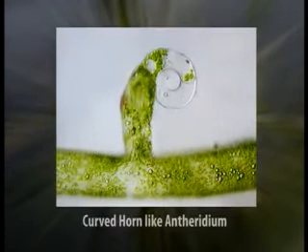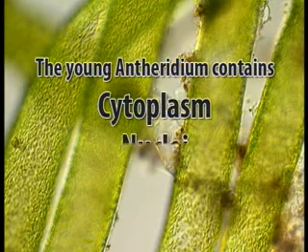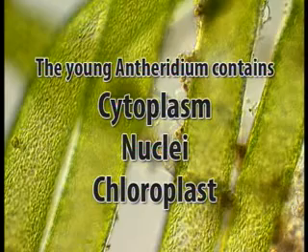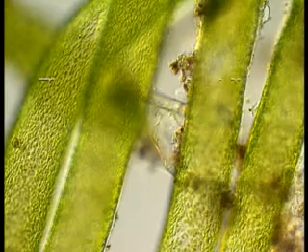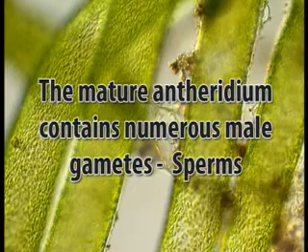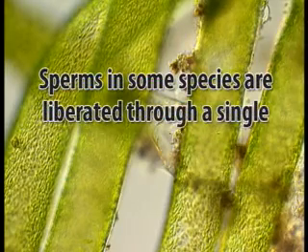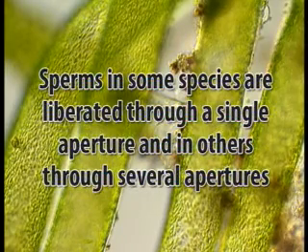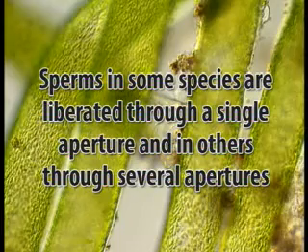Let's start with the structure of sex organs. Antheridia. In Vaucheria, the mature antheridium is a cylindrical tubular structure, strongly curved like a horn. In some cases, it is straight. The young antheridium contains cytoplasm, nuclei and chloroplasts. At maturity, it contains numerous male gametes or sperms, which in some species are liberated through a single aperture and in others through several apertures.